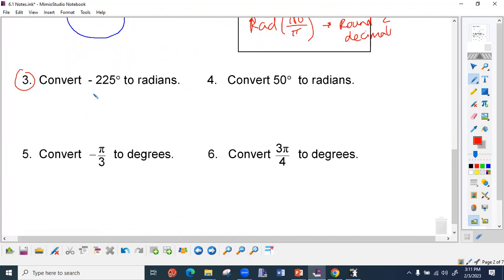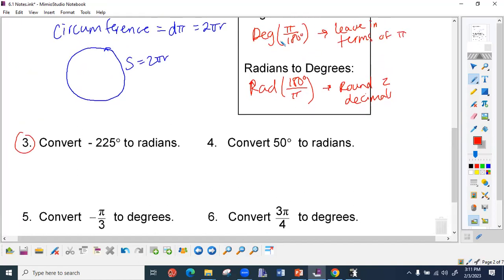So to convert negative 225 degrees, I'm following the degrees to radian rule, right? So it says I'm going to multiply negative 225 times pi over 180.